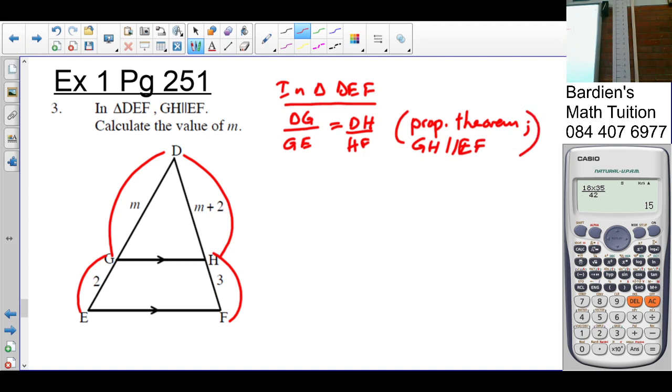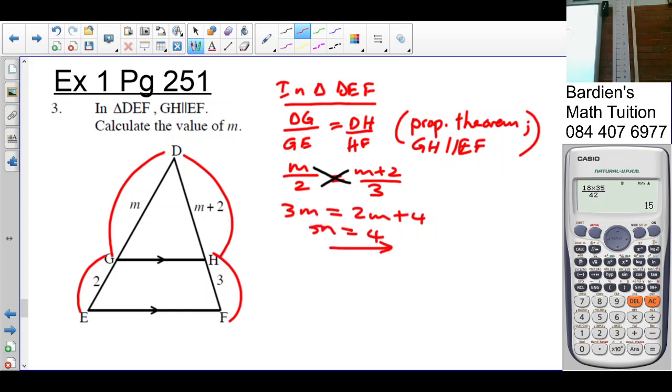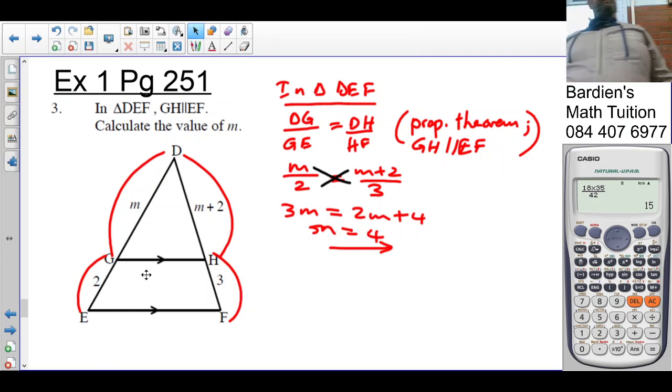So DG is going to be M over 2, is equal to DH, M plus 2 over 3. You all agree with that? Right, so what do I do from here? Cross multiply. So it's going to be 3M is equal to 2M plus 4. M's on one side, numbers on the other side. So M is equal to 4. Any confusion there? Right, you guys got that?